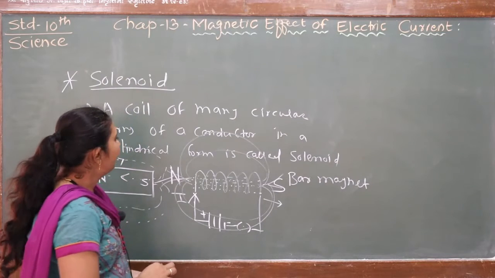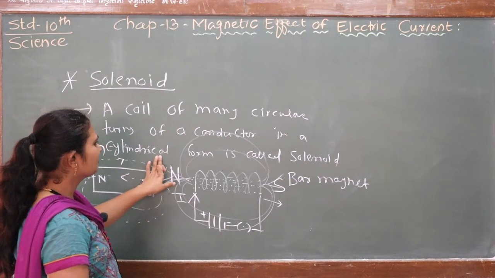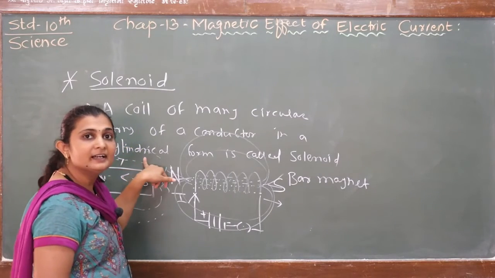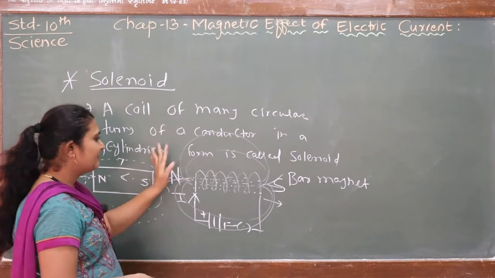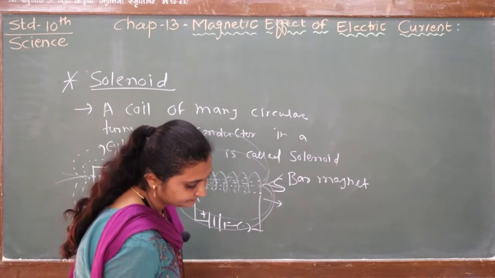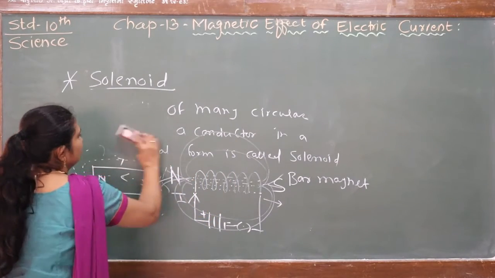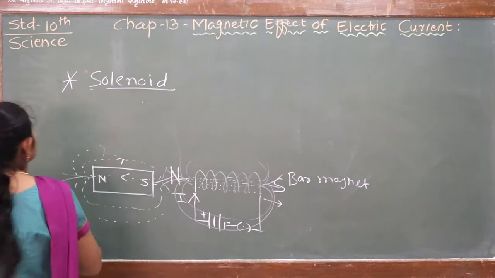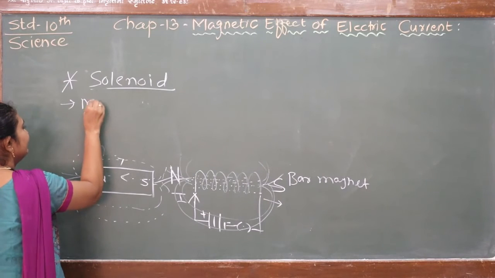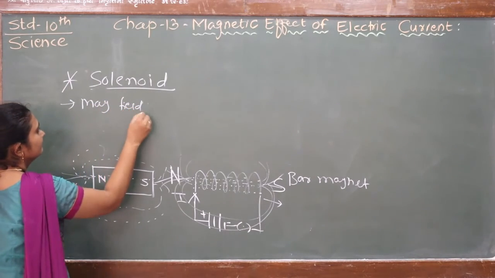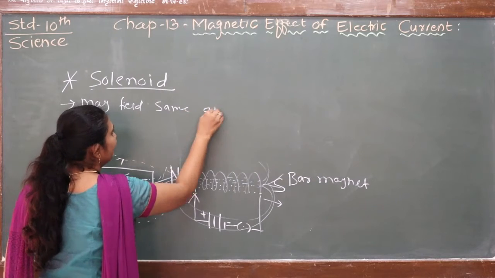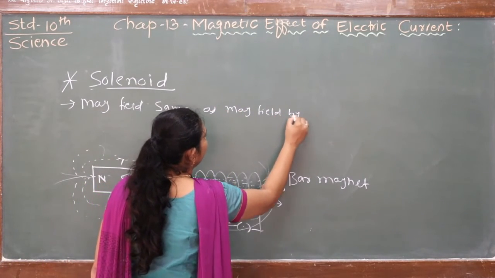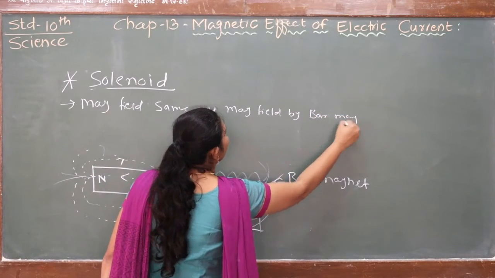Correct? Note down the definition of solenoid. A coil of many circular turns of a conductor in a cylindrical form is called a solenoid. Magnetic field same as the magnetic field by a bar magnet.